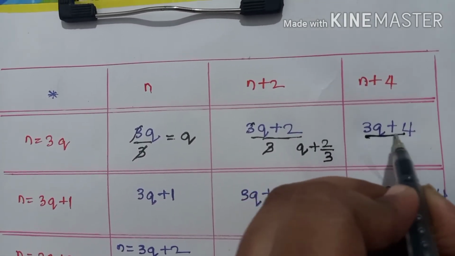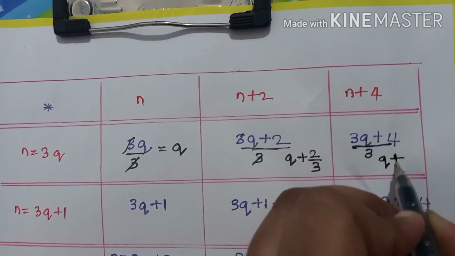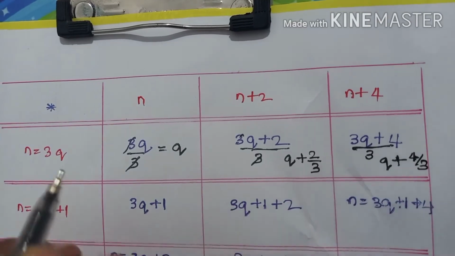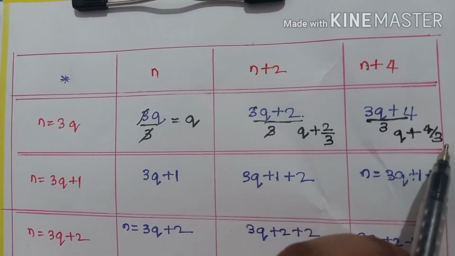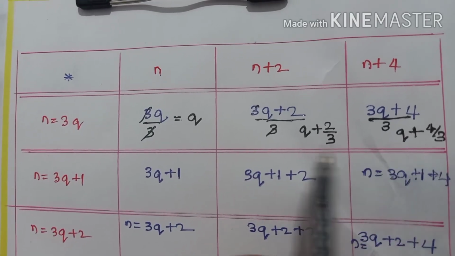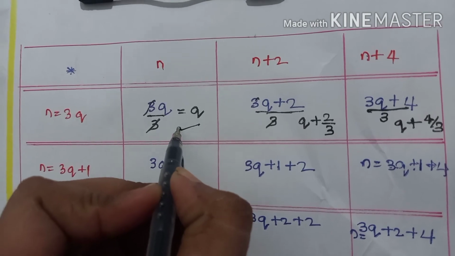Here, dividing by 3, we get q plus 4 by 3. Here it is a fraction, here also it is a fraction, so it is not divisible by 3. So the only case divisible is n equal to q in the first case.